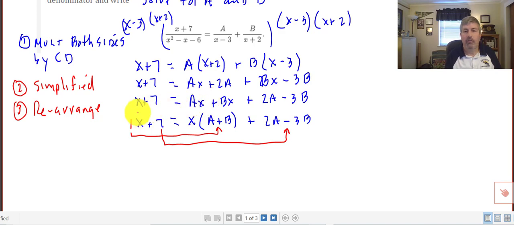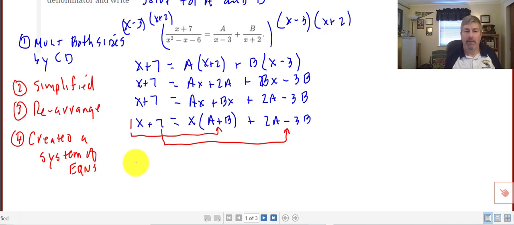Then, since both sides were equivalent, we essentially created a system of equations. So my system of equations, the first equation is A plus B equals 1, right? My coefficient on x, A plus B, is my coefficient on x on the right, so my coefficient on the x on the left is 1. And then 7 has to equal 2A minus 3B.